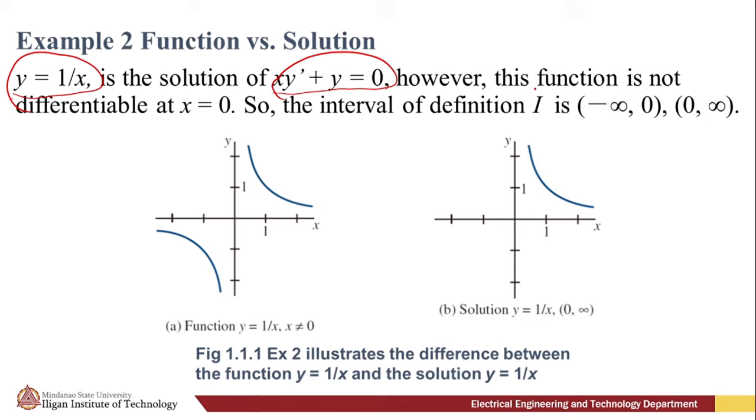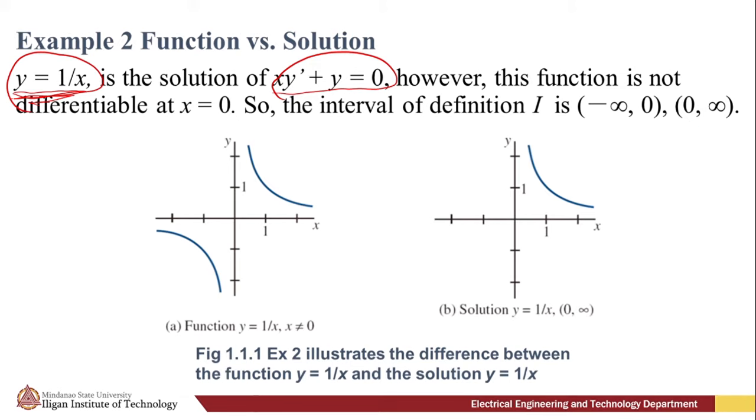However, this function is not differentiable at x equals 0, since if we substitute 0 for x, this function becomes undetermined. So the interval of definition I is from negative infinity to 0 and from 0 to positive infinity.